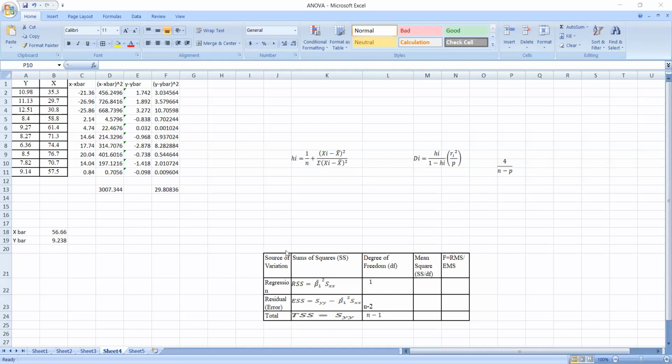So this is what we discussed in our last lecture. We have this data set, and using the matrix form, we found the regression line using our data set.